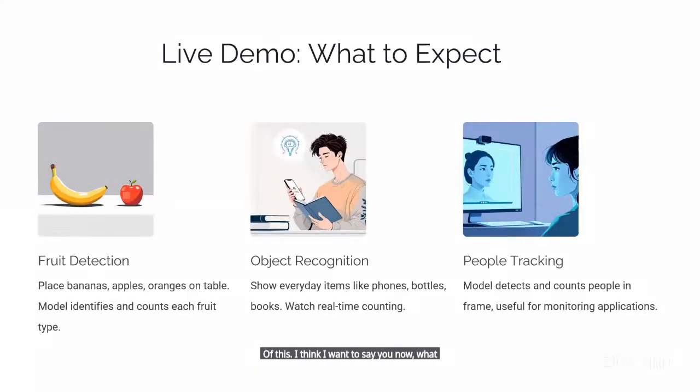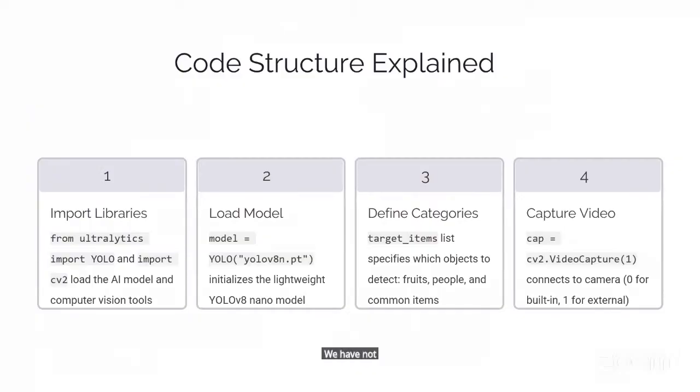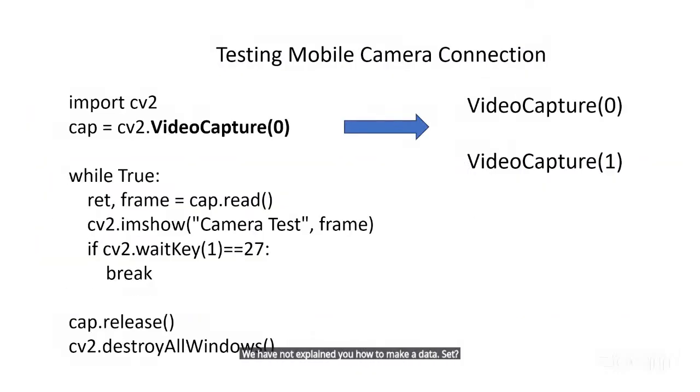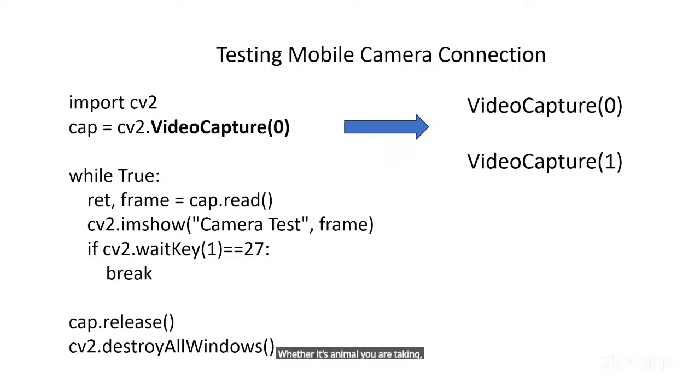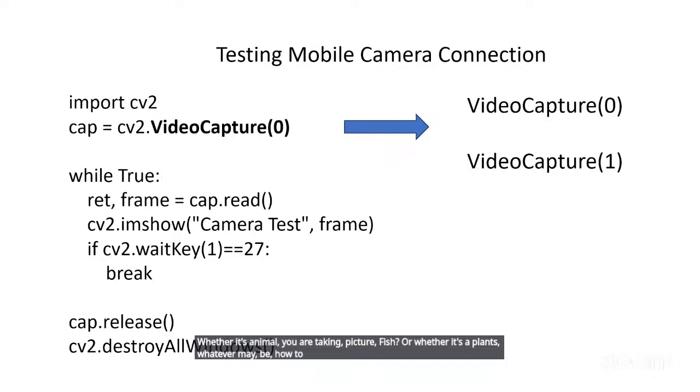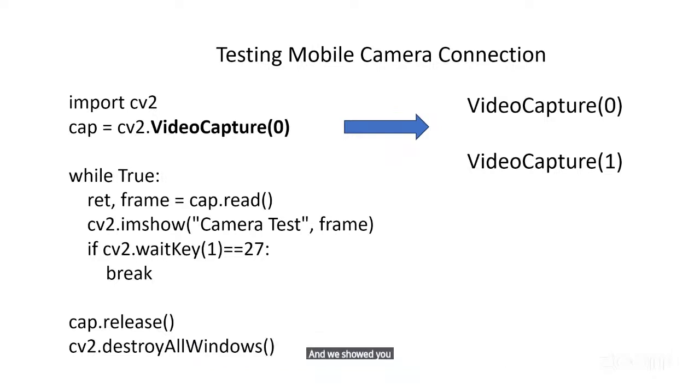What is pending is that we have not explained how to make a data set. As agricultural professionals, most of you must learn how to make a data set, whether it's animals, fish, or plants, whatever it may be: how to prepare and annotate the data set. That will be one topic. We showed you only the local machine. We also want to show you that you can train the model on the cloud.